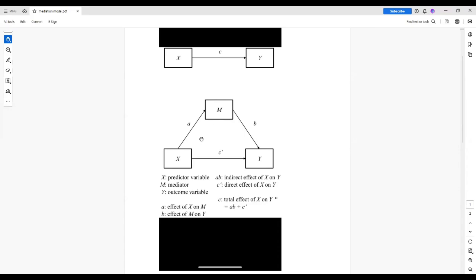Because we removed all the contribution of the mediator from these direct effects, and this is not significant anymore. That means that all the effects of IV on DV could be fully explained by the mediator. That's why when we remove the contribution of the mediator from this relationship, the direct effect of IV on DV is no longer significant.